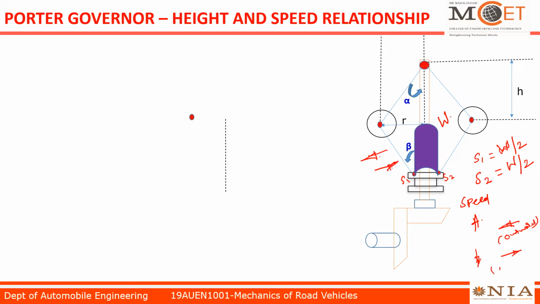We already discussed this. If rotation is available in any system, some sort of centrifugal force will act on the system. And this governor has a height of h.